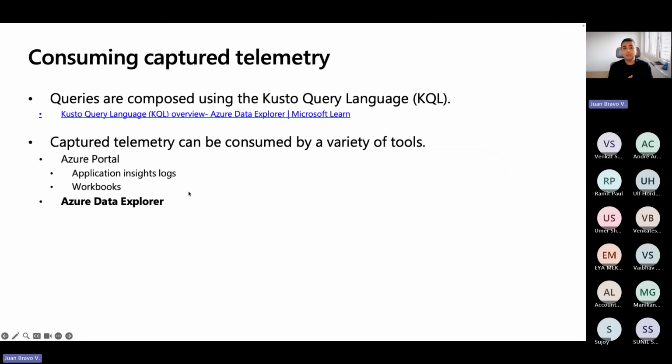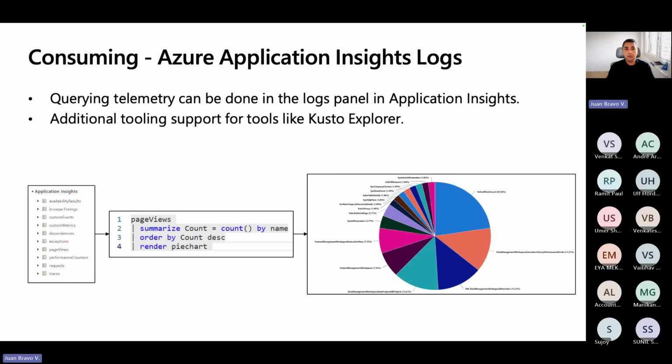As I mentioned, we have a custom query language to do all these queries in Application Insights. And the data we capture in Application Insights can be consumed by different types of tools. So we have the Application Insights logs, the workbooks, Azure Data Explorer, and from Azure Data Explorer we have all these dashboards that Microsoft and the FastTrack team are putting out publicly for utilization and customization as well.